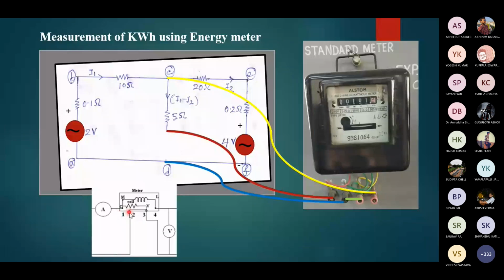AM and L here and C and B here, and these 1 2 3 4 points are shown over here, where 2 3 are shorted and 1 is here and 4 is here. So across 1 and 4 the pressure coil, this current coil is connected, and across C and B the pressure coil is connected. So this is the standard meter, which we have in our lab.